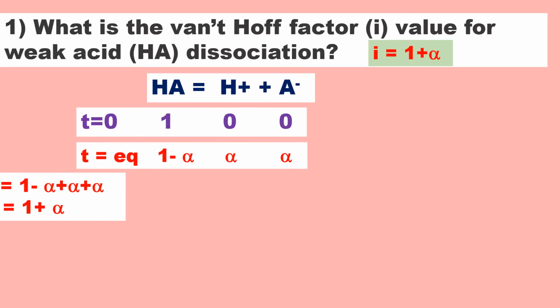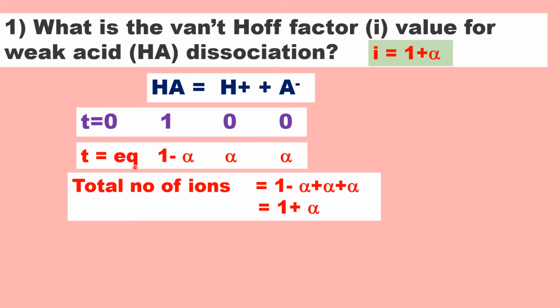Now, the total initial number of moles equals 1. At equilibrium, the total number of moles of ions equals 1 minus alpha plus alpha plus alpha, that is 1 plus alpha.